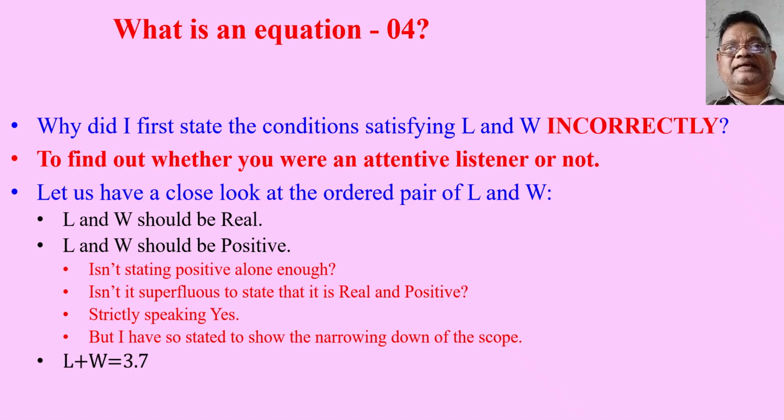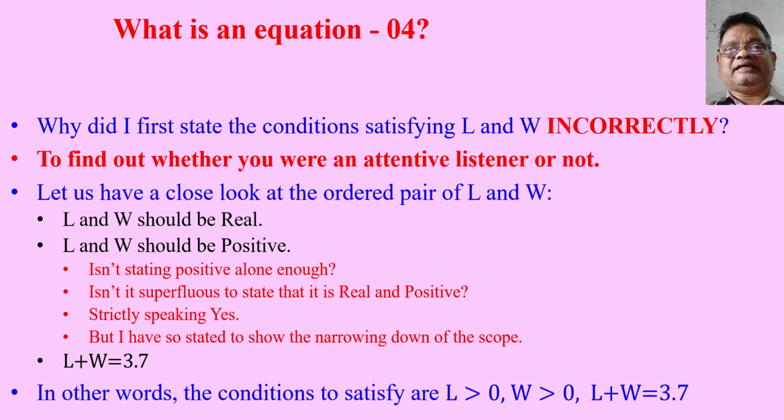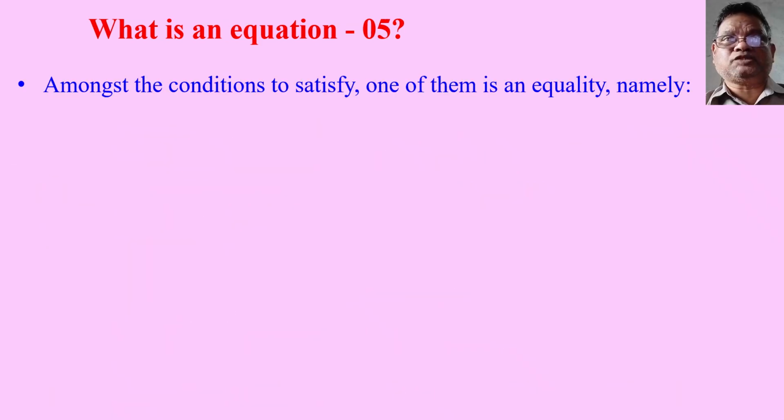The other condition is L plus W is equal to 3.7. In other words, the conditions to satisfy L and W are: L should be positive, W should be positive, and L plus W should be equal to 3.7. Amongst the conditions to satisfy, one of them is an equality, namely L plus W equals 3.7.